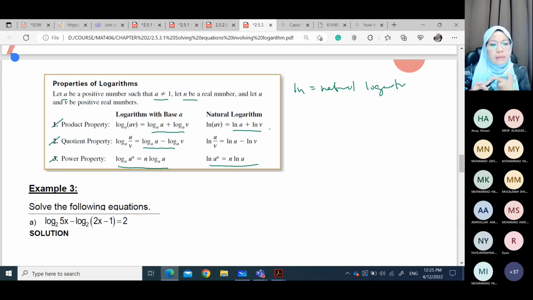Bila ia melibatkan product, so bila you nak pecahkan, kita gunakan operasi tambah. Kalau ia melibatkan quotient, bila kita nak selesaikan dia secara berasingan, kita gunakan operasi tolak. And then kalau power, the power we can bring in front of log base A of U. Okay, macam tu. So biasanya kita akan gunakan benda ni bila kita nak menyelesaikan masalah yang melibatkan power.